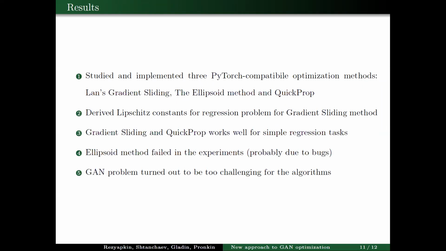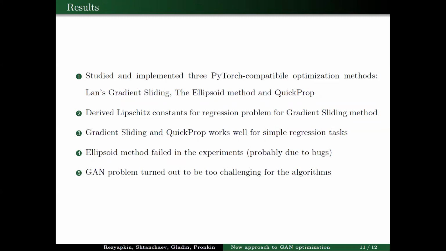So the results are as follows. We studied and implemented three optimization methods that are PyTorch compatible, as they are inherited from PyTorch Optim class.